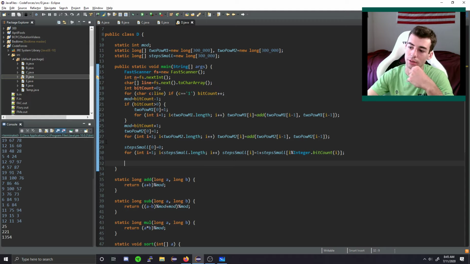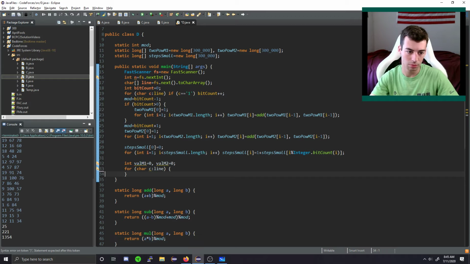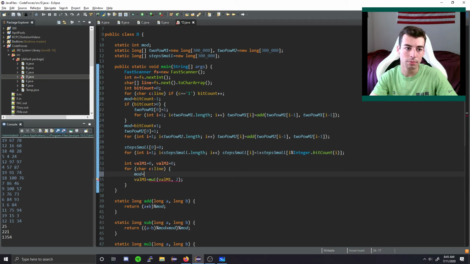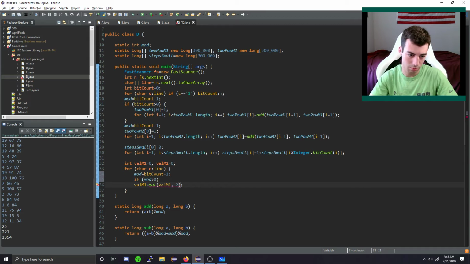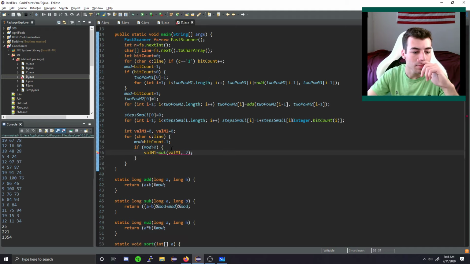We also need the value under mod. Yeah. Add this to C minus 0.